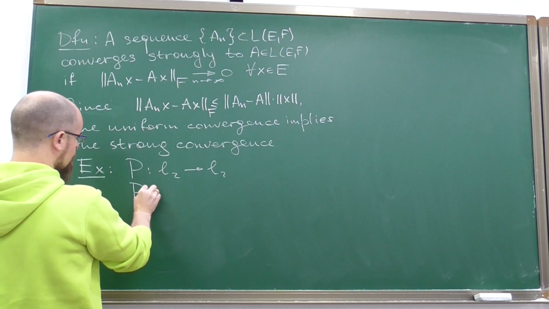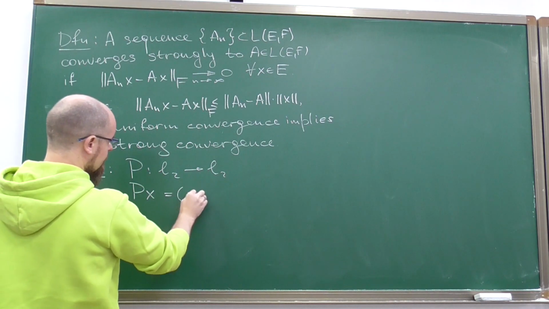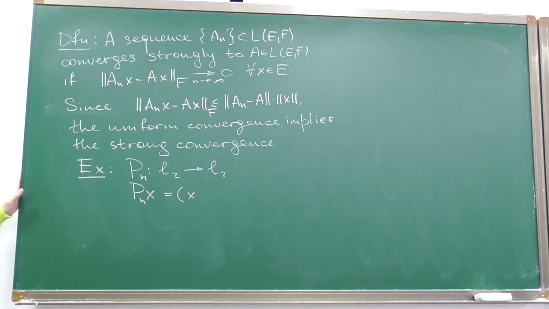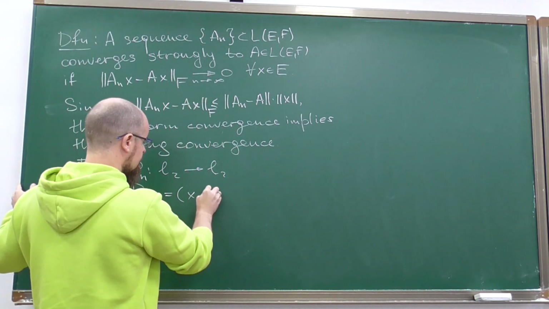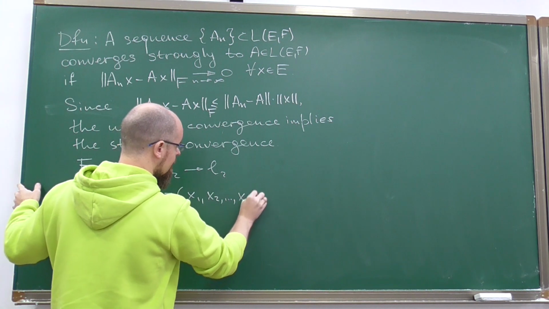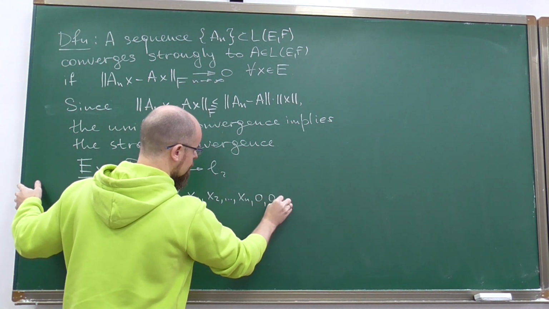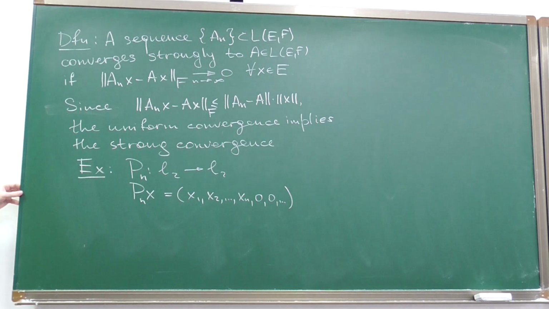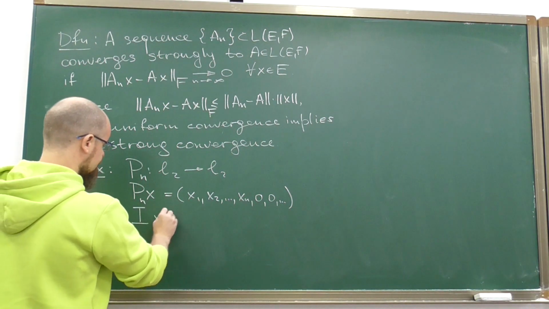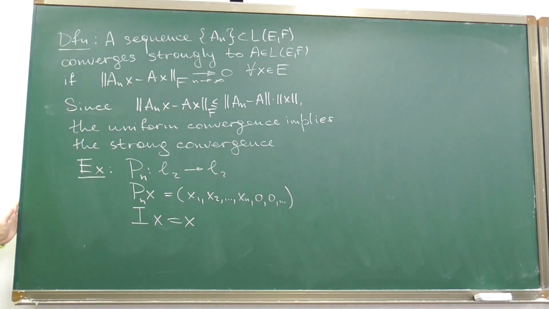So P_n of x will be the projection on n-dimensional space: x1, x2 up to xn, and then all zeros. And let us also consider the identity operator I, which is I of x equals x.